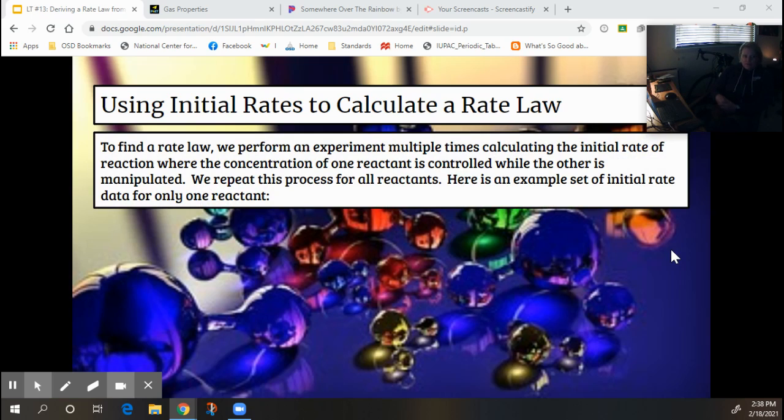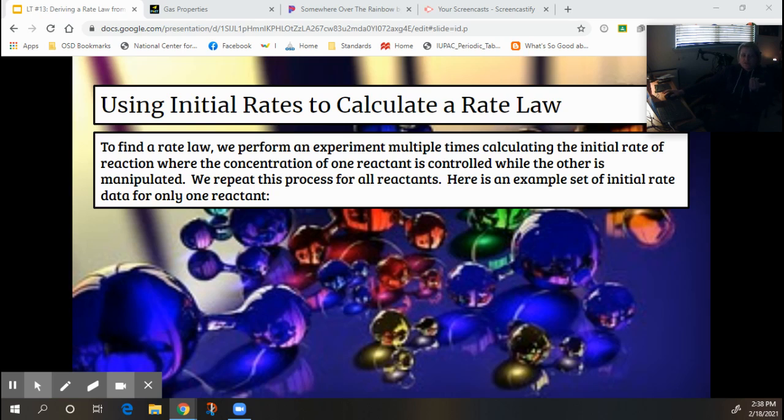So to find a rate law, we perform an experiment multiple times. In one trial, we'll control the concentration of one reactant and manipulate the concentration of the other reactant in order to see what the rate is. And then we'll repeat again, flip-flop: control the other reactant and manipulate the one that we didn't manipulate before.